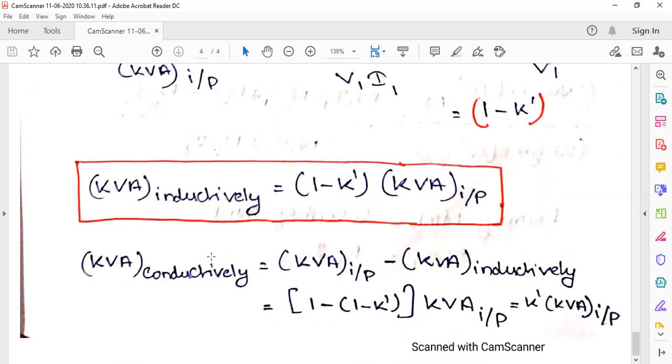So it will be 1 minus 1 minus K dash into kVA input, right? 1 minus K dash, because from this equation, that's it. And we take common, it is equal to K dash into kVA input. This 1 and 1 cancel and it will be K dash into kVA input. So this is very important from an examination point of view.